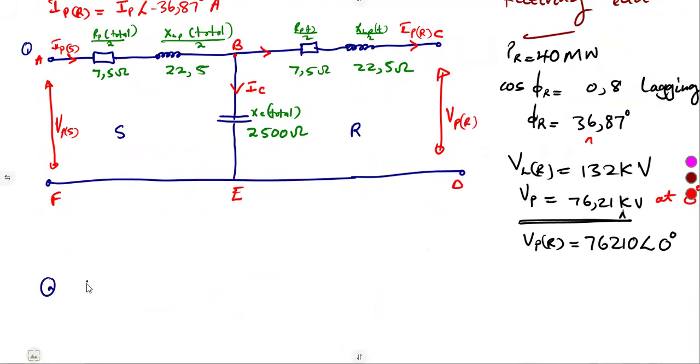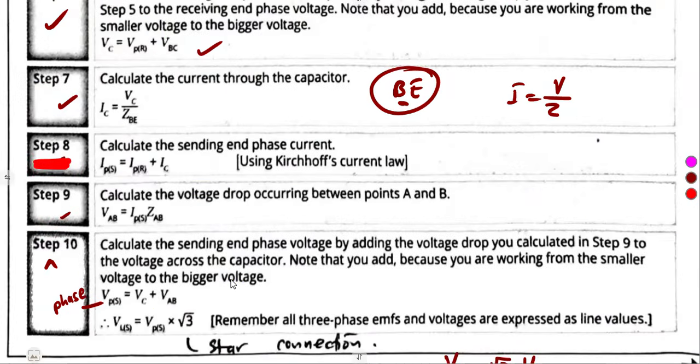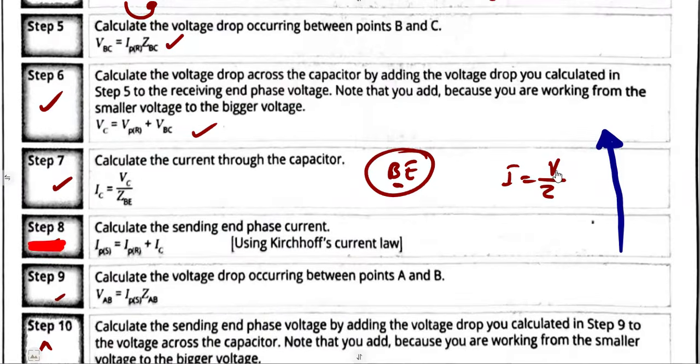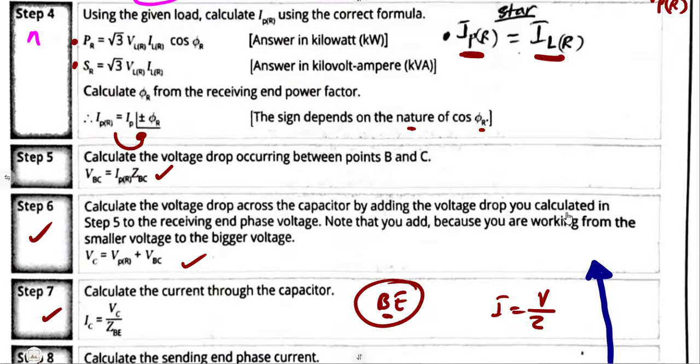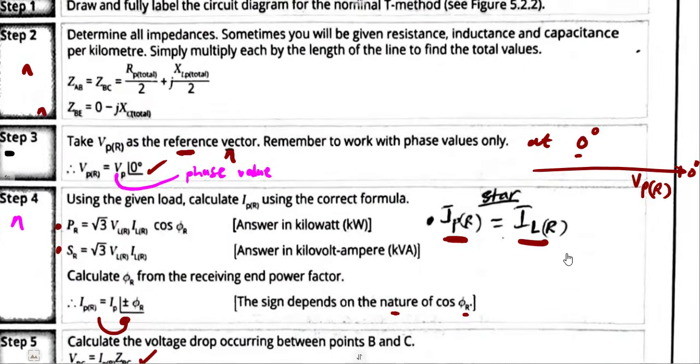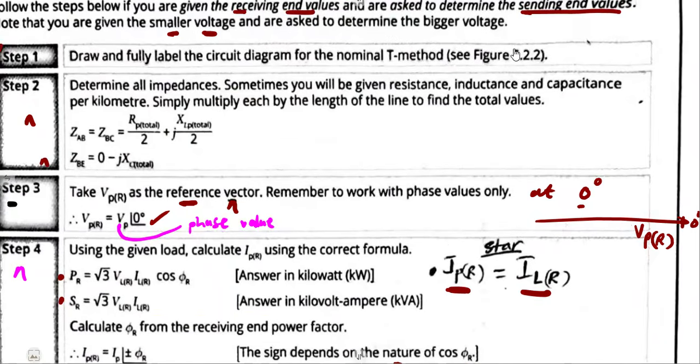We are supposed to calculate the sending end phase current from step 8. So from step 8, we must determine all these back to step 1, meaning actually back to step 2, because step 1 is the diagram.